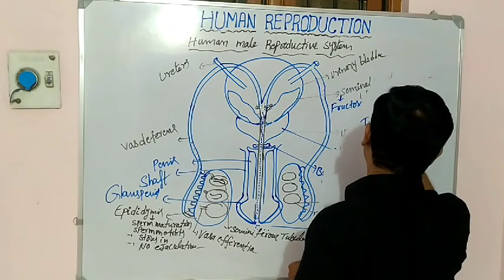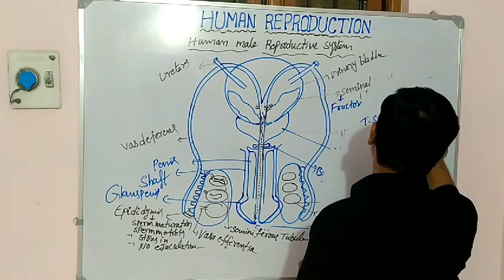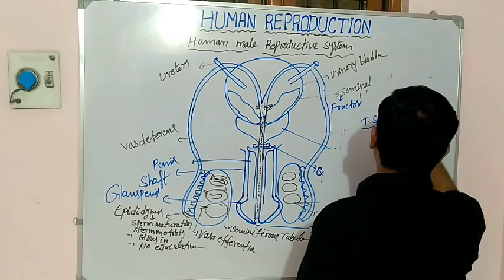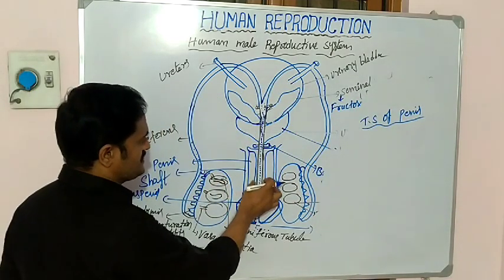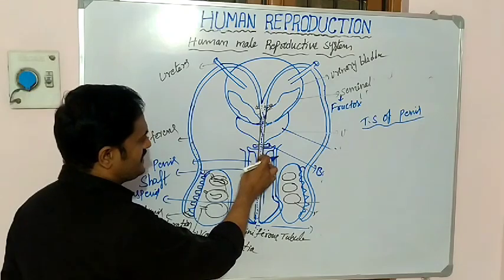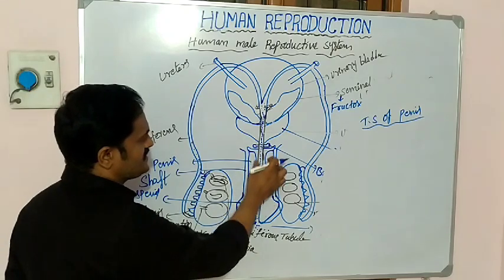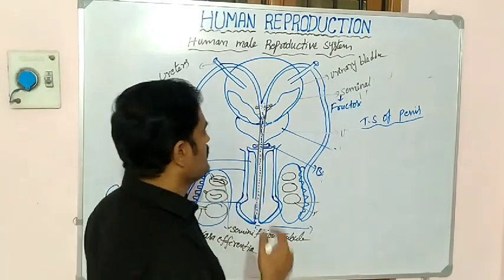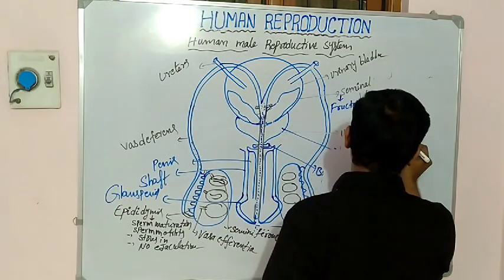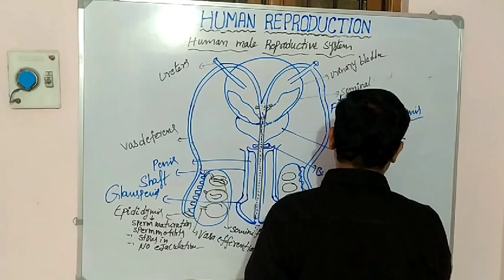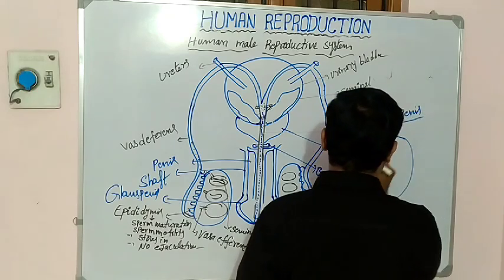The penis is this portion of the male reproductive system which is present on the sides of the urethra. When we cut the penis, what kind of arrangement do we notice? This is the TS of penis.